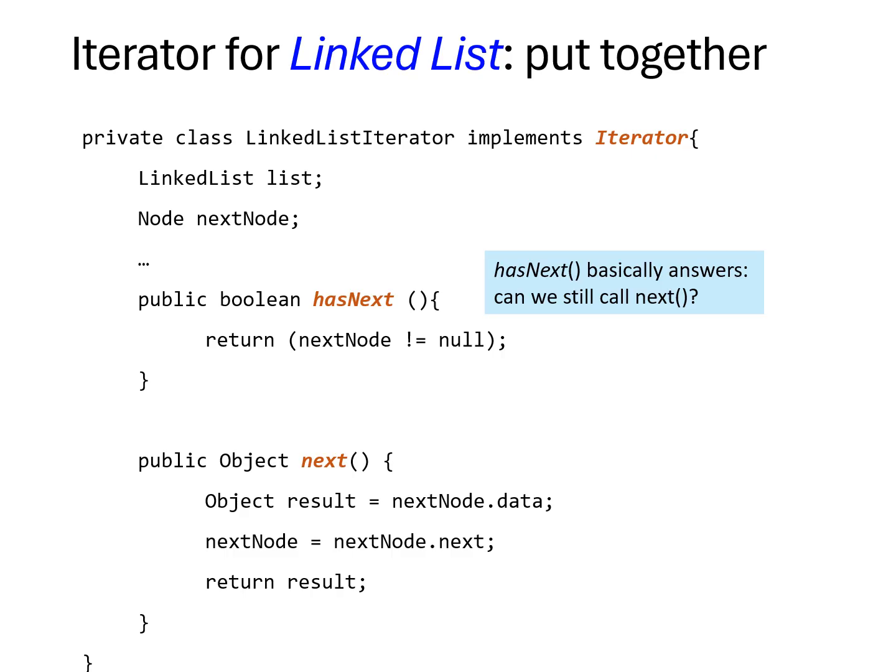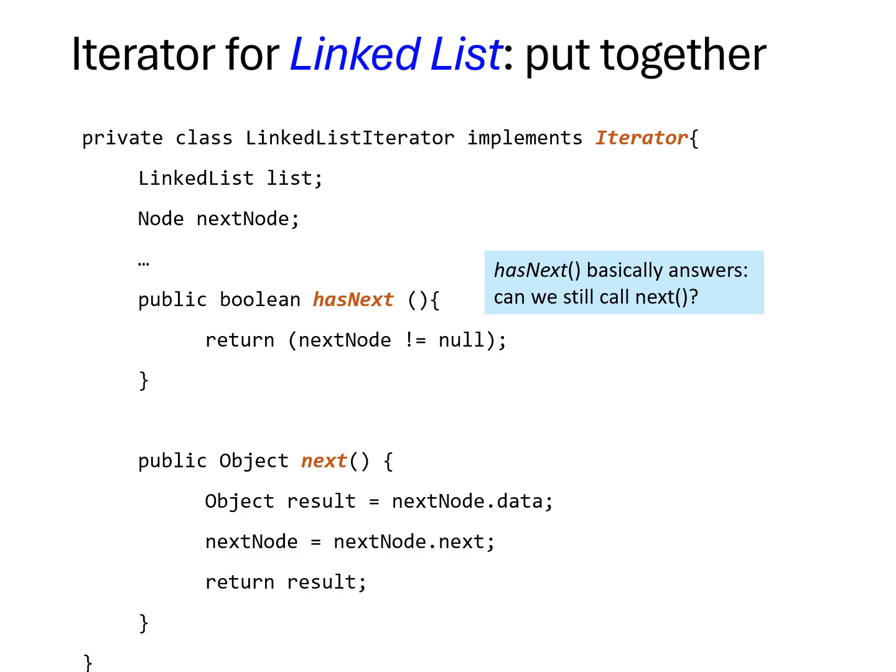Putting it all together, we get the following linked list iterator, where hasNext basically answers, can we still call next? Does the next node still point to a valid node with data? And then in next, we store this data in a temporary result and then advance the node to the next node in sequence.